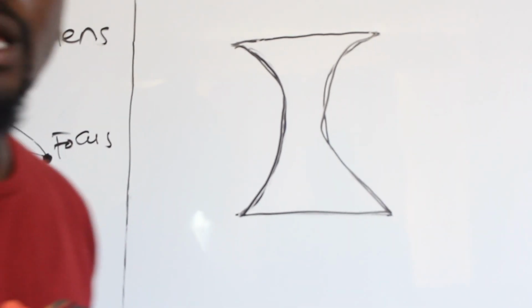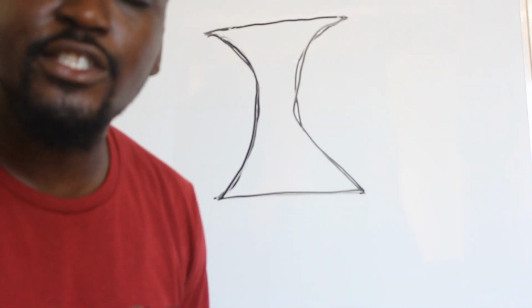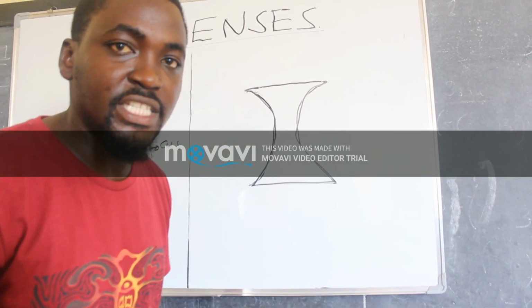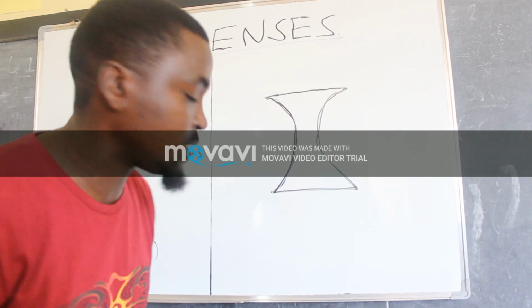And let's see what happens when the light rays strike on the concave lens. This is what will happen when the light rays strike on the concave lens.